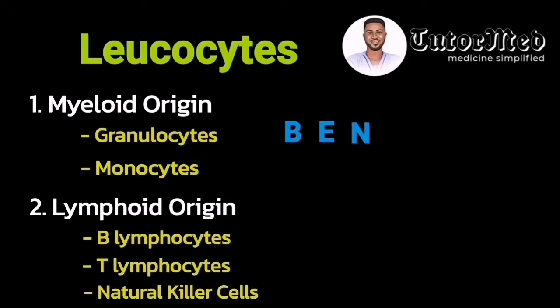Well, when monocytes leave the blood and enter into tissues, they become macrophages. In other words, a macrophage is an extravasated monocyte. And we can say the same for the mast cell. When a basophil leaves the blood and enters into tissues, it becomes a mast cell. A mast cell is an extravasated basophil.